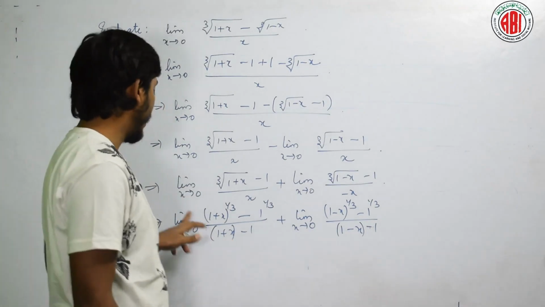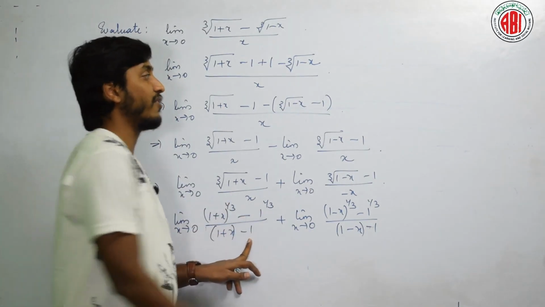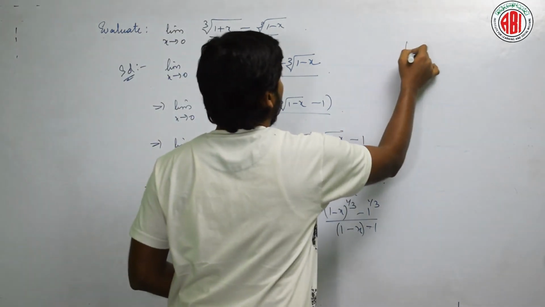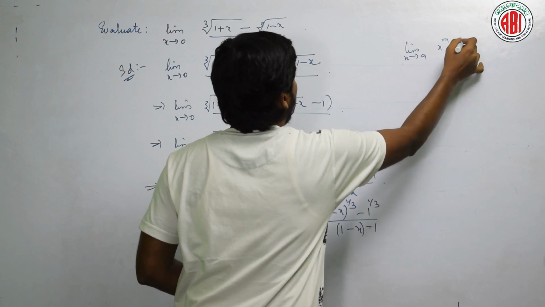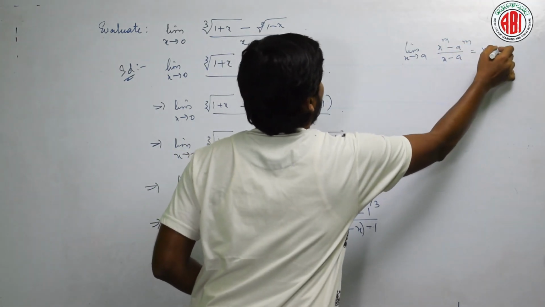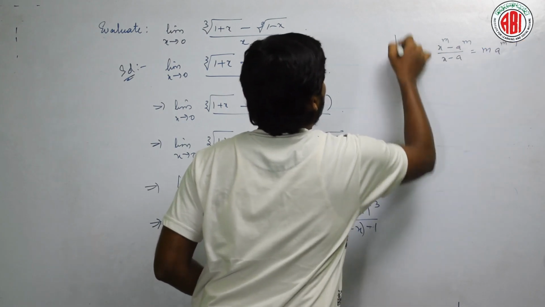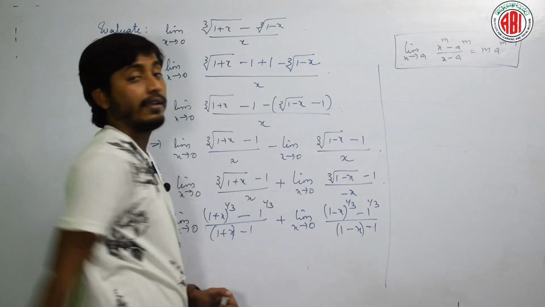Now check it here, limit x tends to 0 of x power m minus a power m by x minus a. What is the formula? Tell me. Limit x tends to a of x power m minus a power m by x minus a is m into a power m minus 1. Is it right? Yes or no?